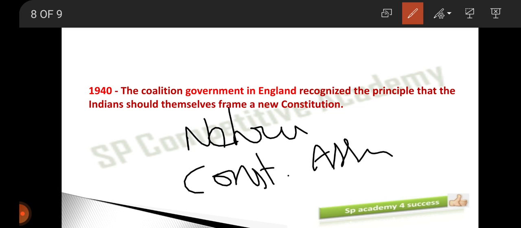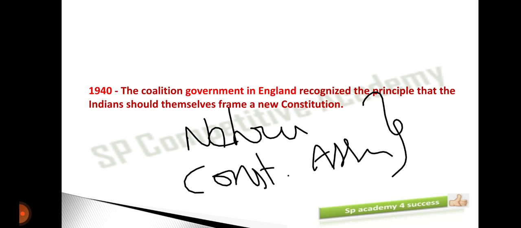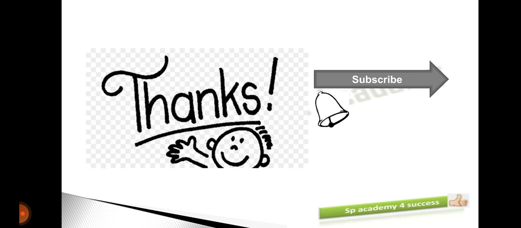All those points we have discussed. So finally the concept of the Constituent Assembly was accepted in 1940. In the next session we will see the continuation of the story, how the constitution was framed, whether there were any obstacles for this, everything we will see in the next session.